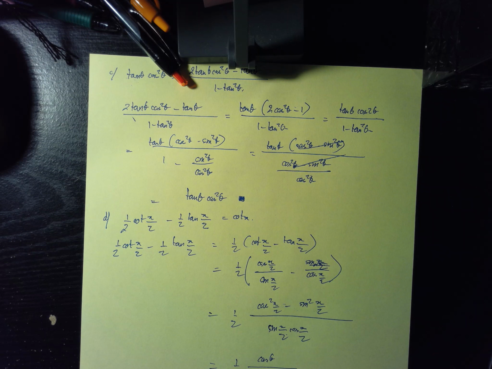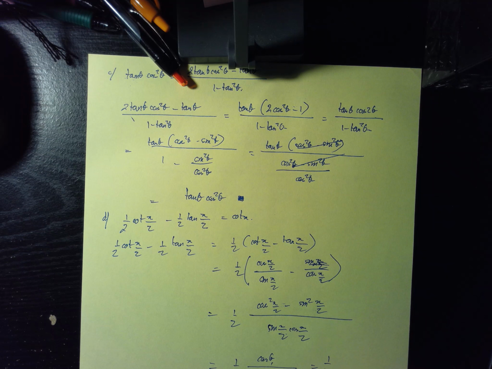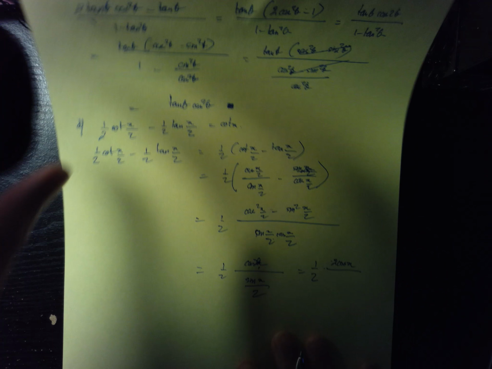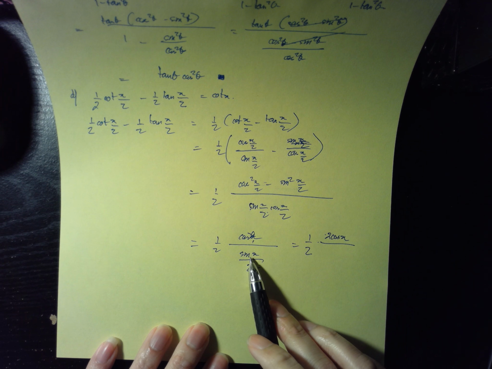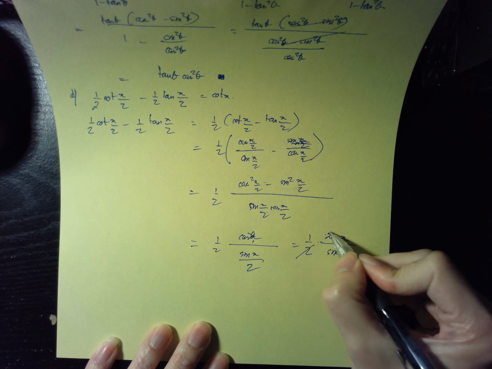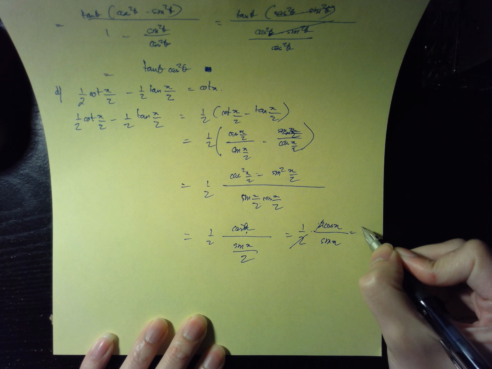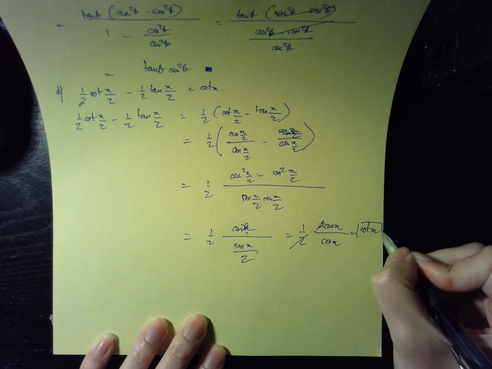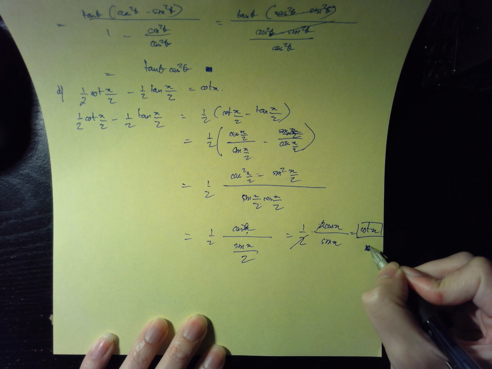And you do keep change flip, you will see that 1 over 2 here gives you 1 over 2 times sine x over sine x, alright, and this cancels out and it'll give you cotangent x. There you go, it's done.